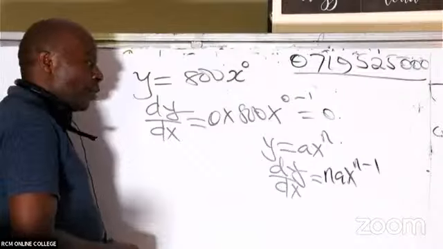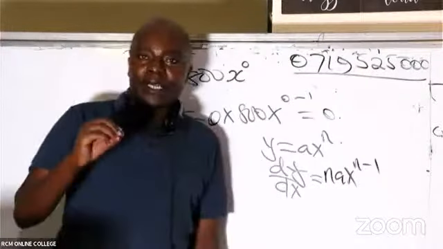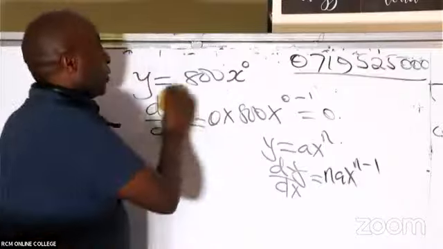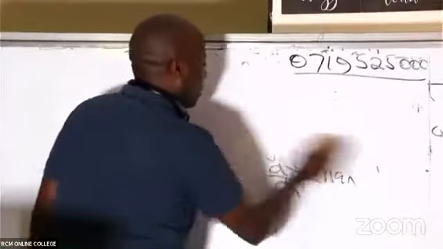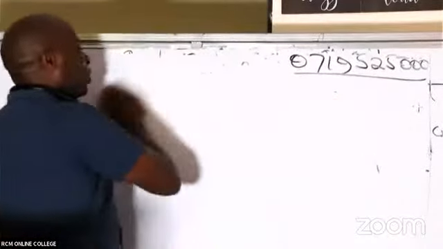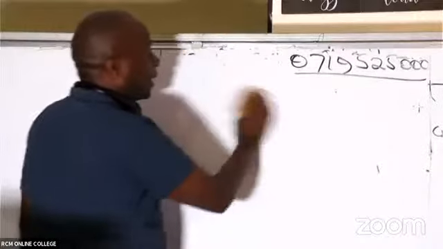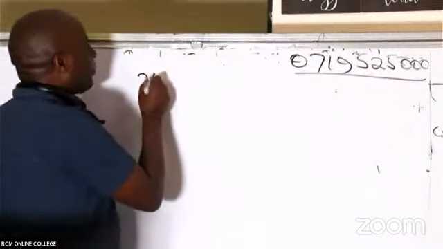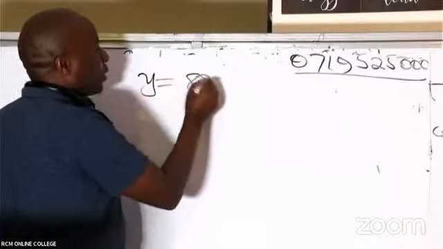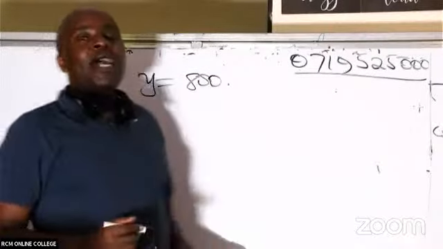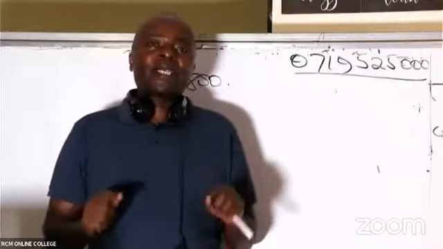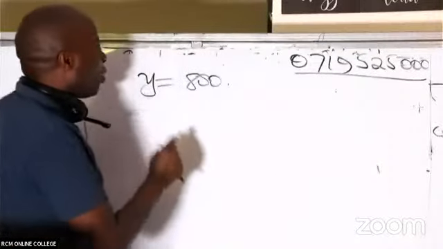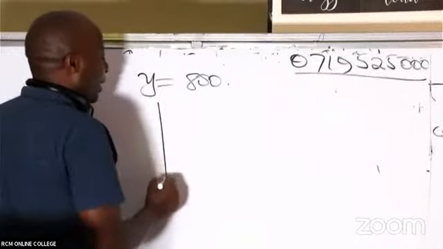Let me make your life easy. Whenever you see a constant, this 800 without x is a constant. Here we are given y equals 800. Remember, dy dx is about gradients, about steepness, about slope.